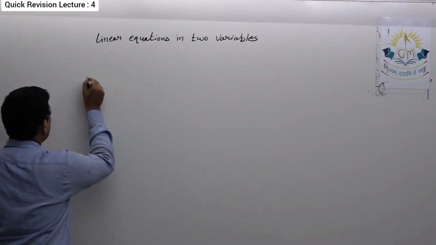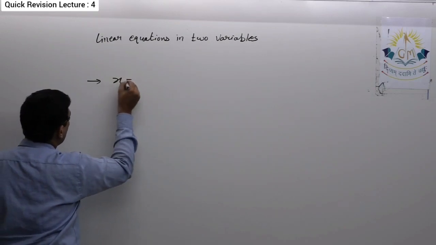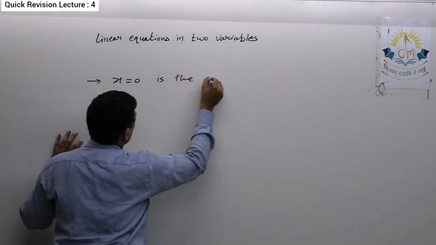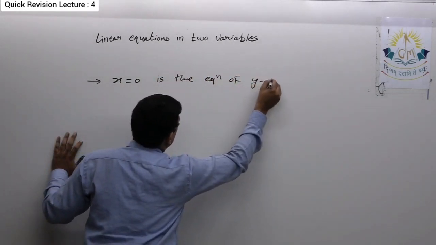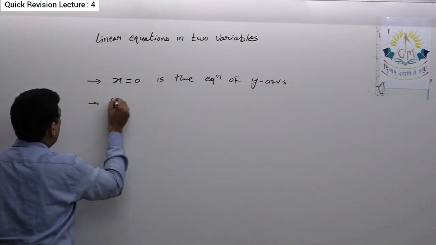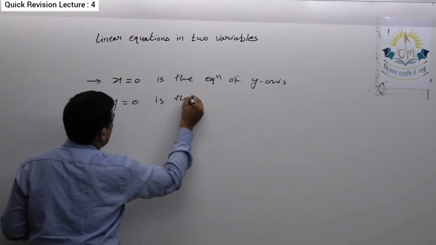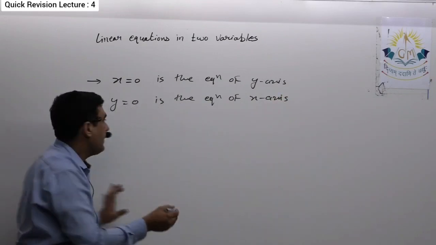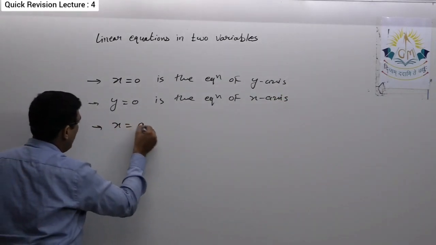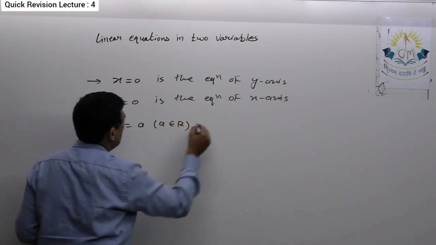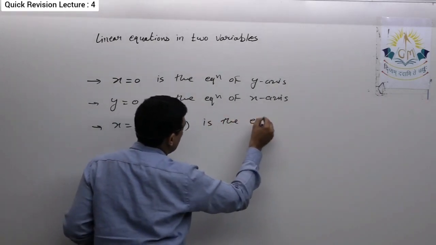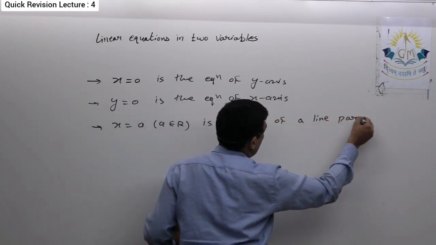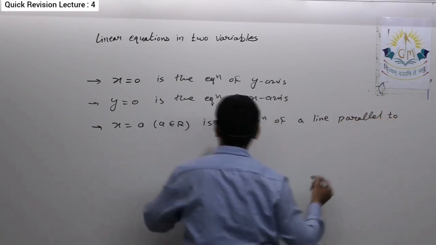See, for that you can take some notes. x equal to 0 is the equation of the y-axis. y equal to 0 is the equation of the x-axis. x equal to a, where a belongs to the real numbers, is the equation of a line parallel to the y-axis.